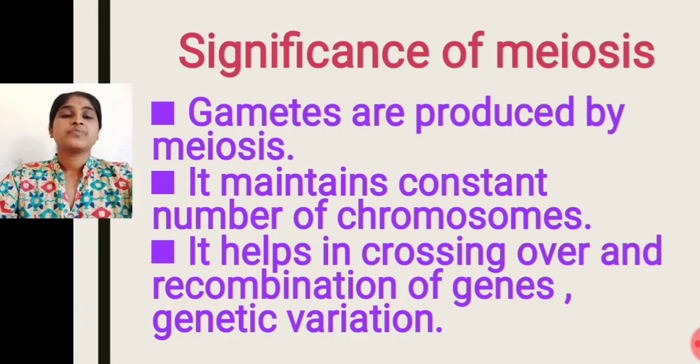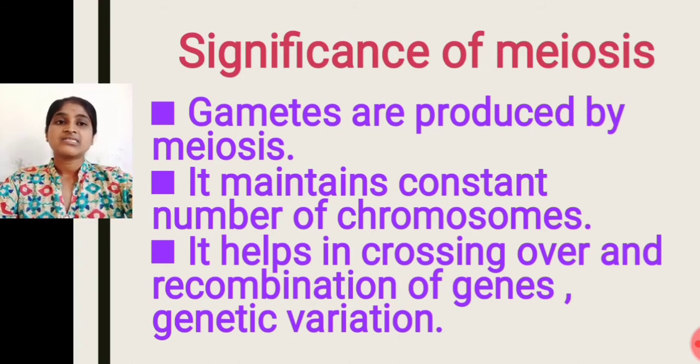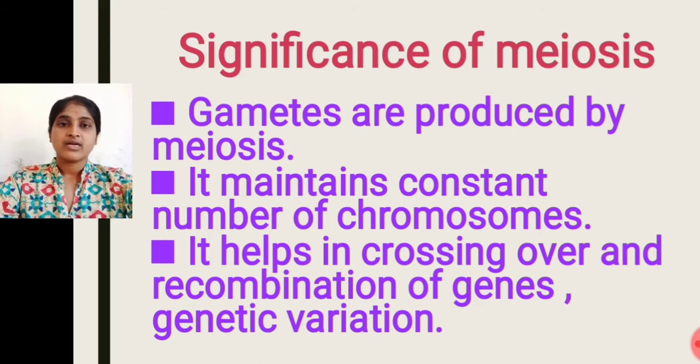Next we go to the significance of meiosis. The gametes are produced by meiosis. In humans, we see gamete formation: in males sperms and in females eggs or ova.